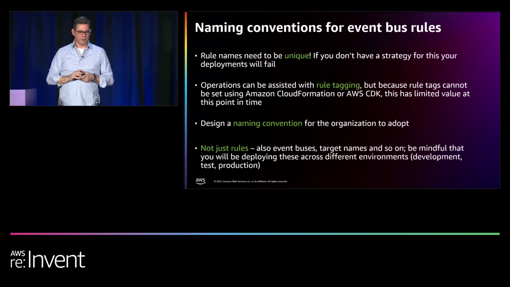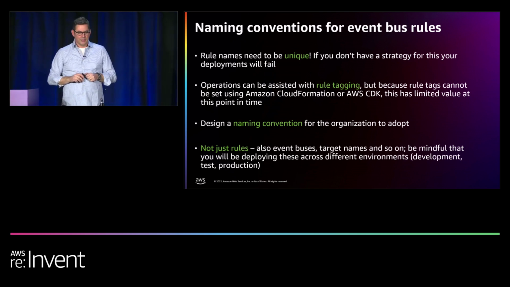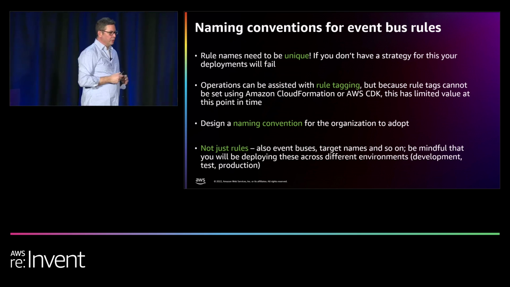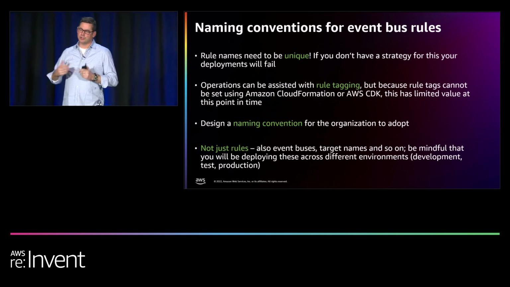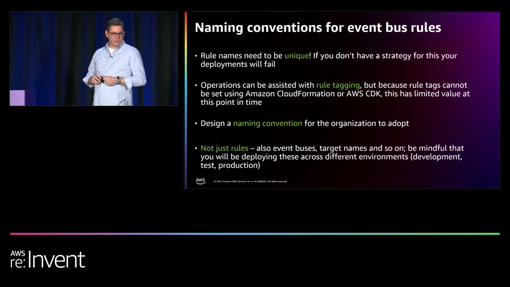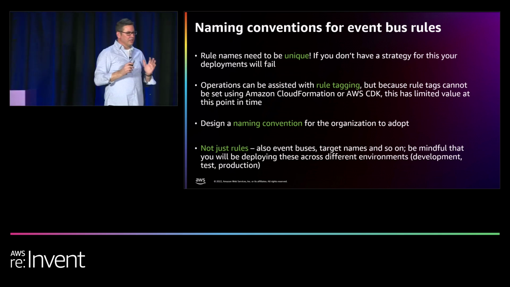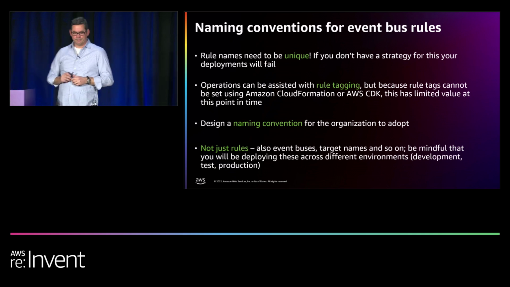But this is not something that you want to be really worrying about. Now you could try and manage this with tags and stuff like that, but unfortunately those features aren't supported with CloudFormation yet. So, as I said before, the solution here lies in organisational standards around rule naming.